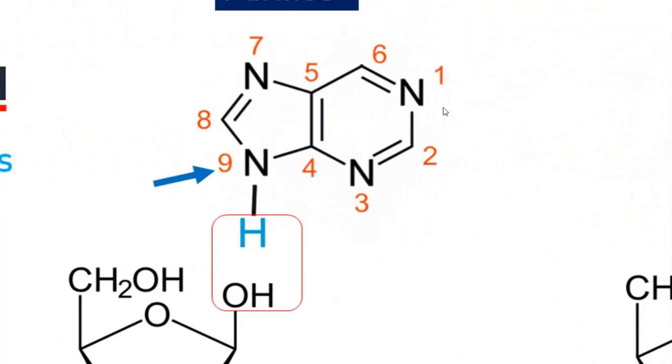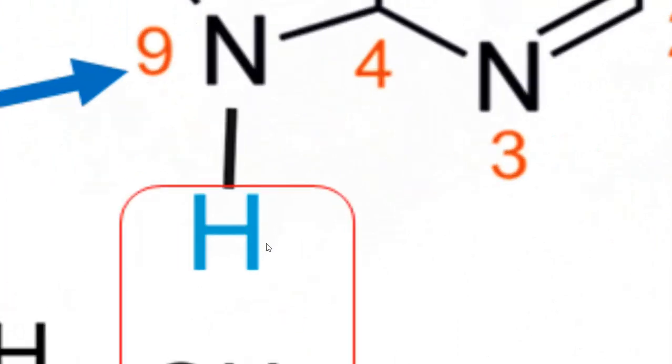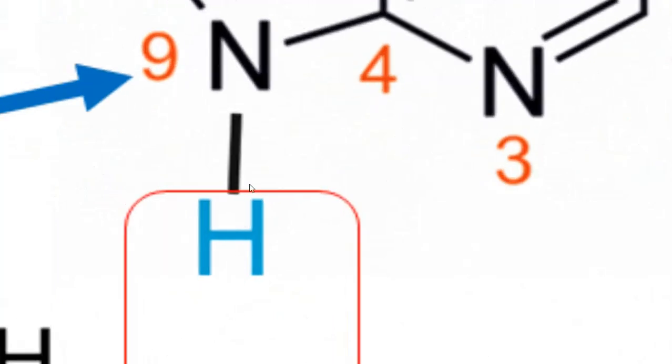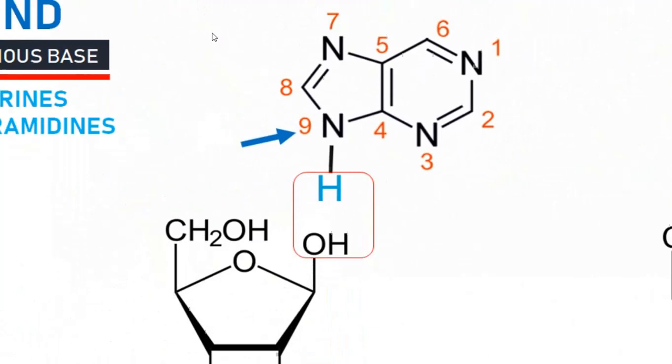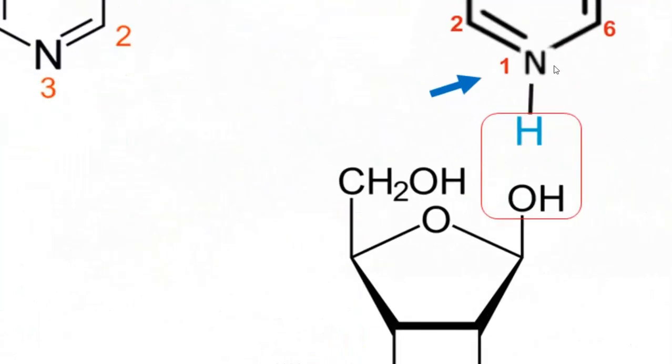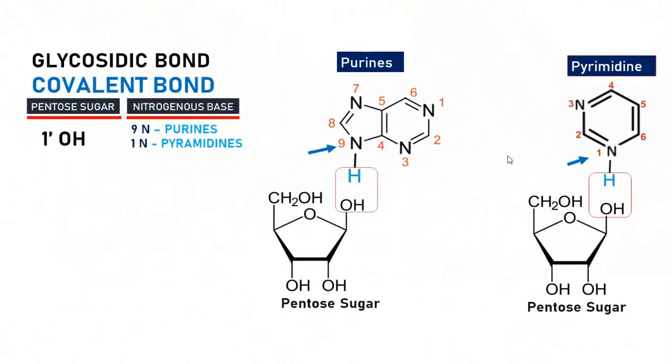Two ring structure, the purine. Then this is the hydrogen, the nitrogen. And in the case of the pyrimidines, the hydrogen which is present at the first nitrogen is involved in the glycosidic bond formation.